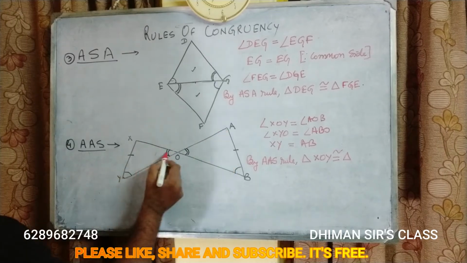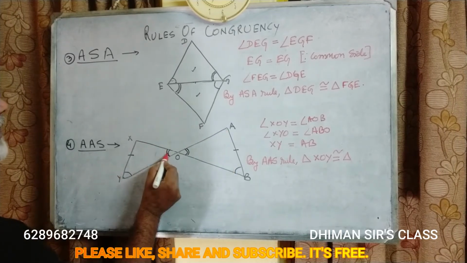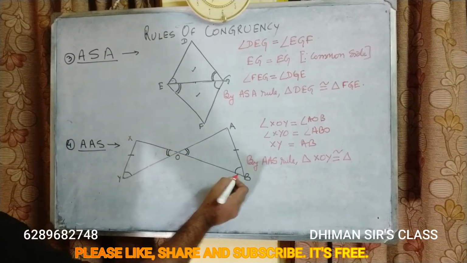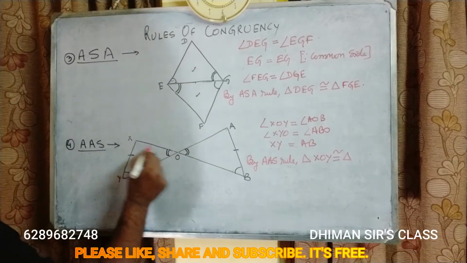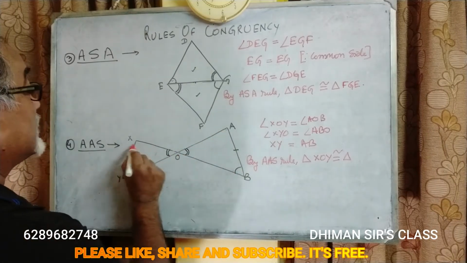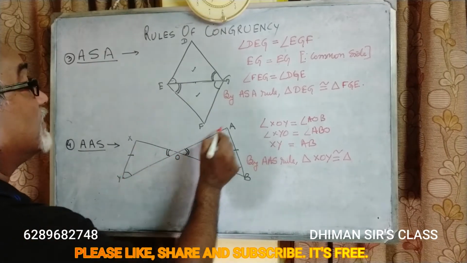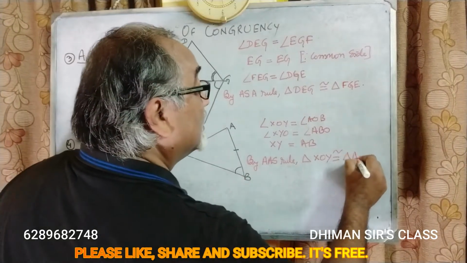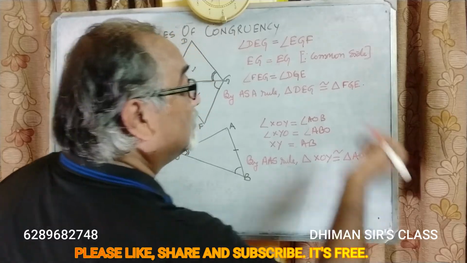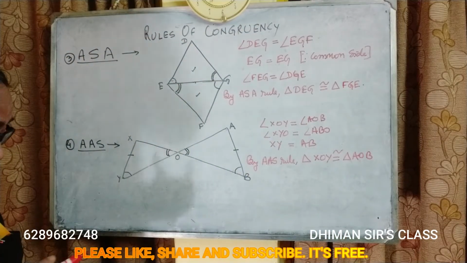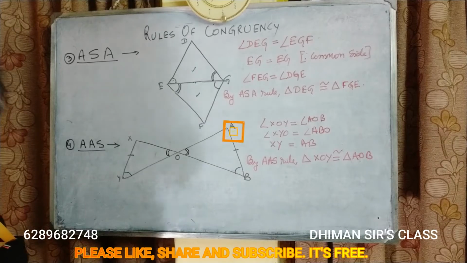From X to double mark, from A to double mark, from double mark to single mark, XOY, and AOB. That's it. Okay. Now pause the video and copy this down.